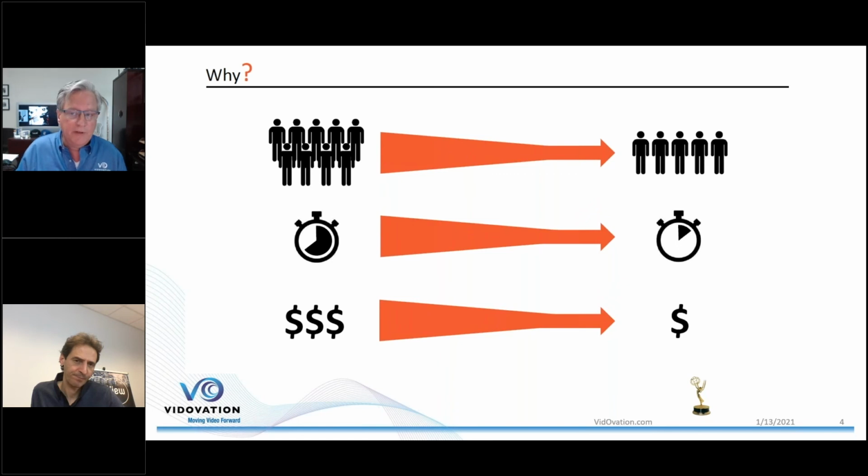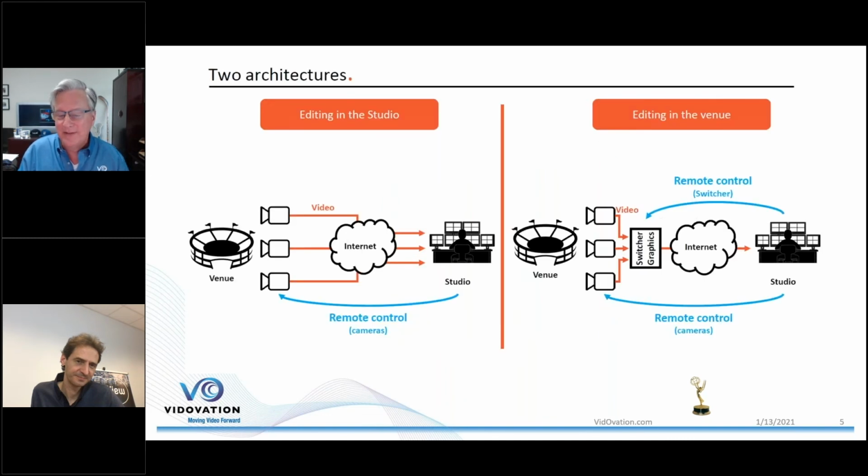Now with COVID and social distancing, you may not be allowed to have more than a certain number of people on the course or in the production or in the truck. So it saves on personnel, saves on time, and most of our customers, I don't know how it is in Belgium, David, but most of our customers here in the US, saving money is a big incentive.